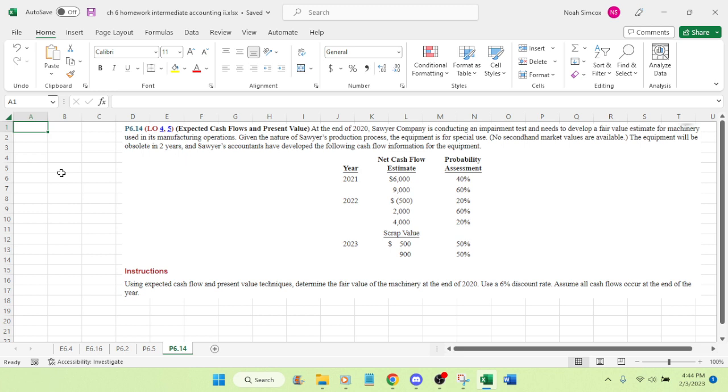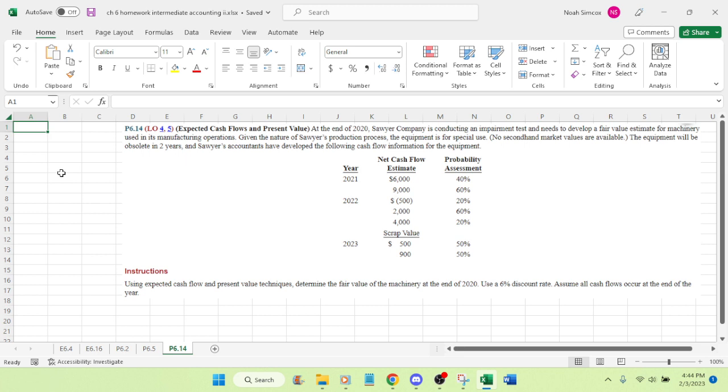Okay, so all we have to do is determine... Don't we just have to add up all the cash flows, like the total cash flows that are going to happen over the next 3 years? And then, dang it.